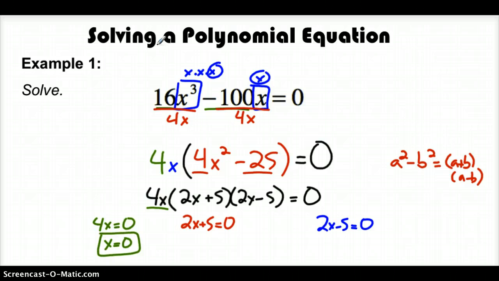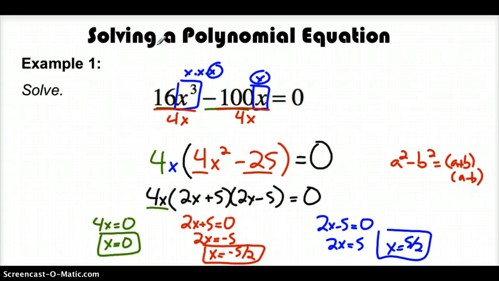For the next one, I subtract 5 from each side to get 2x equals negative 5, and then divide by 2 to get x equals negative 5 halves. For the very last one, I add 5 to each side to get 2x equals 5, and then divide by 2 to get x equals 5 halves. So those are our 3 answers for this problem.